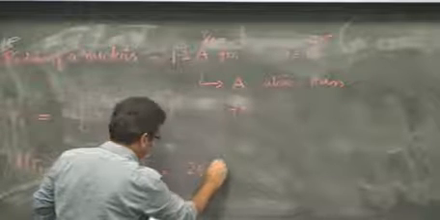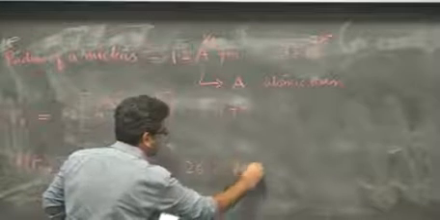You plug in the values of R naught from here, the charge of electron and the Coulomb's constant. And this turns out to be 26.21 million electron volts.